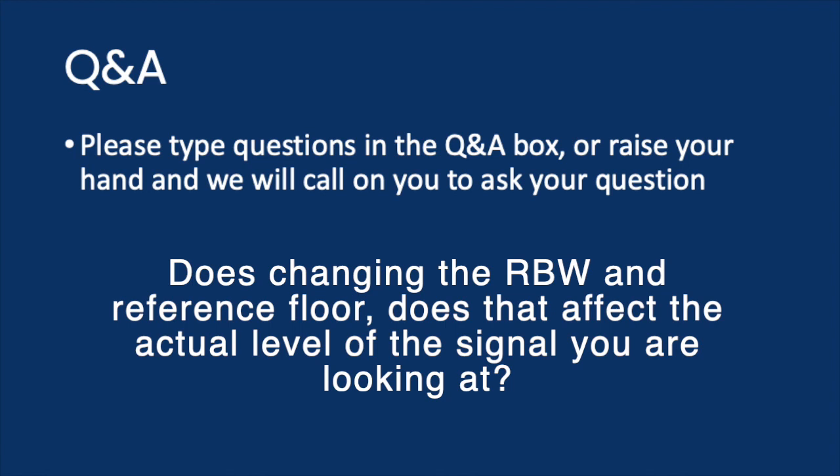The benefit of going to a more narrow RBW is you'll lower the noise floor of the spectrum analyzer, which will give you more dynamic range and allow you to more easily see tones that may be hidden in the noise of the spectrum analyzer. So it doesn't really affect the signal that you're looking at. It just gives you a better ability to see it.